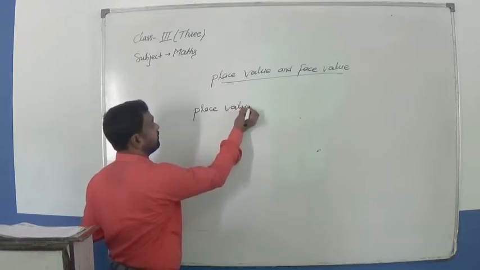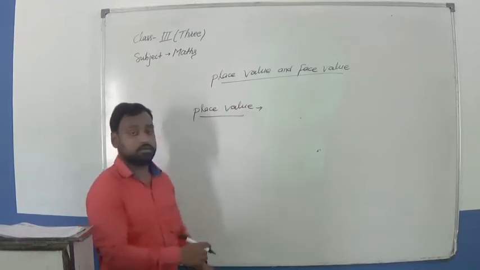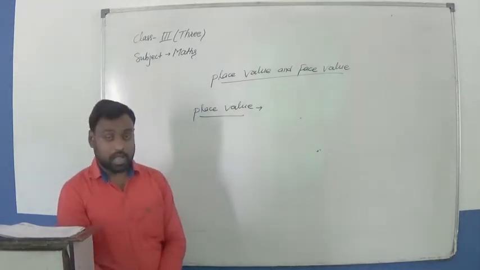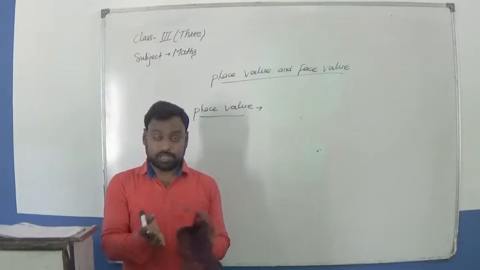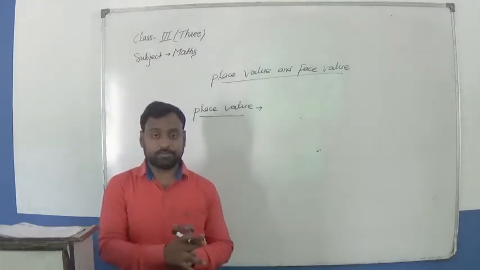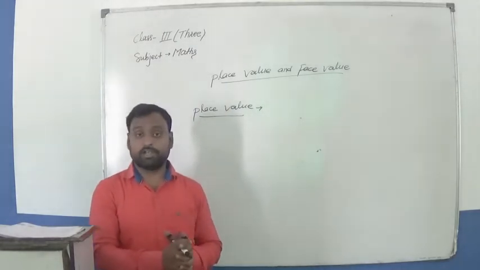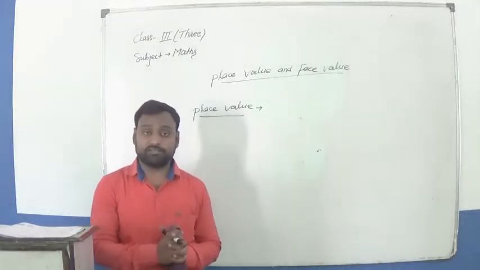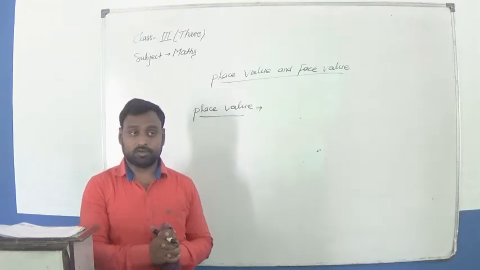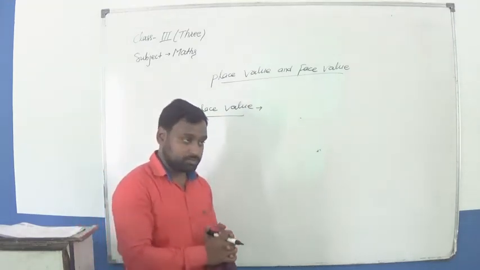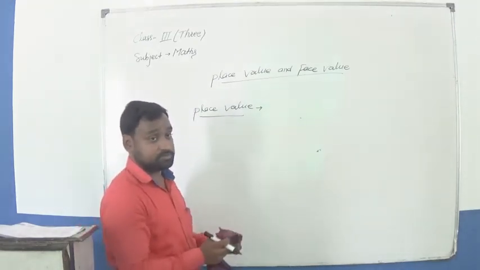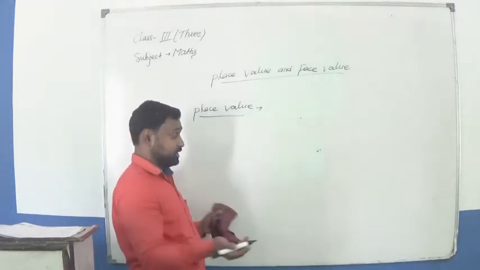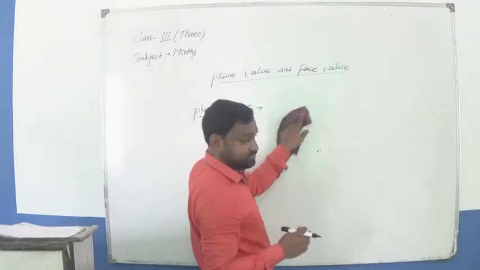Place value and face value of a digit in a number are different from each other. At the ones place, the place value and the face value are the same, but next there is a difference. See how.